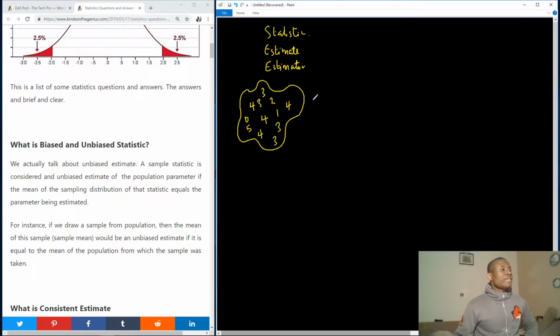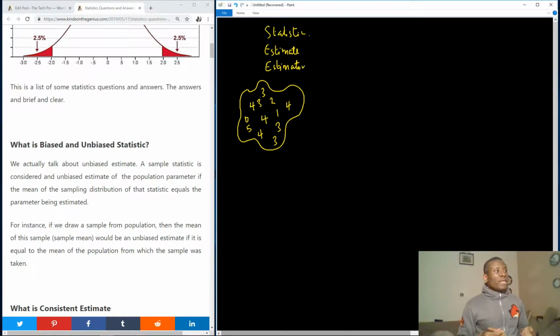Okay, let's say this is our population. We want to take samples from this population and calculate the mean. If our estimate of the mean of this population is unbiased, then the mean of the sampling distribution of that statistic will be equal to the parameter being estimated.